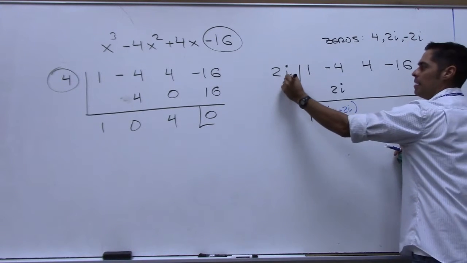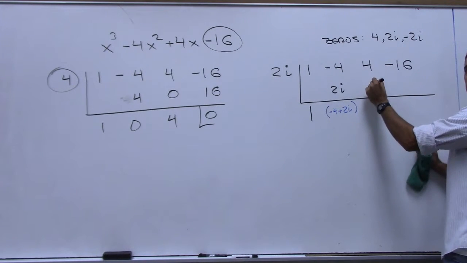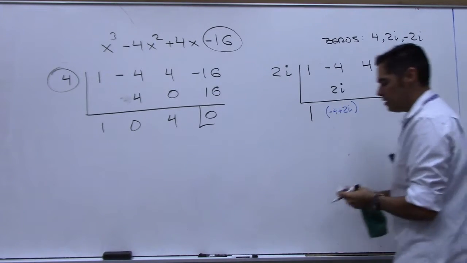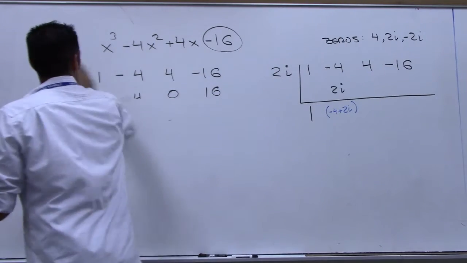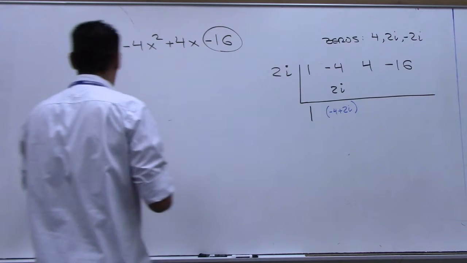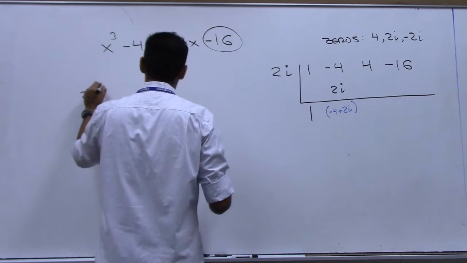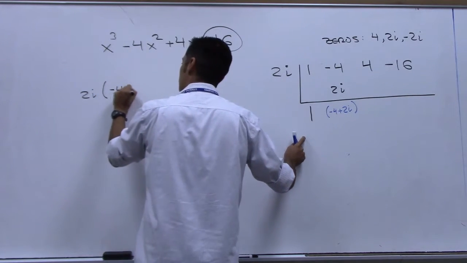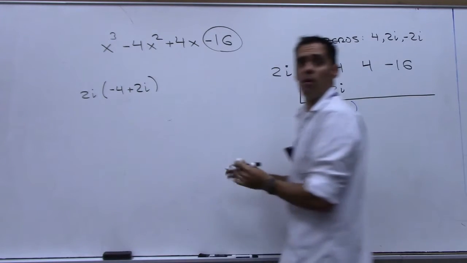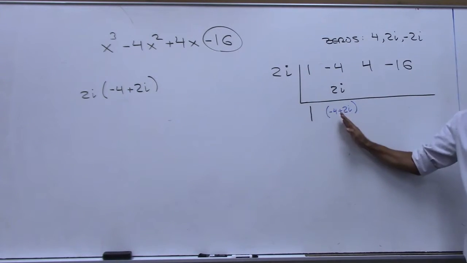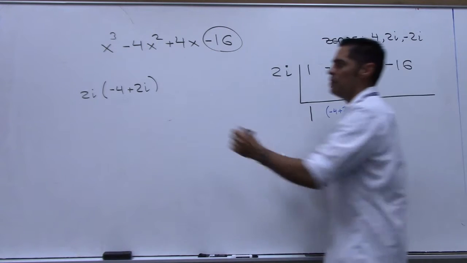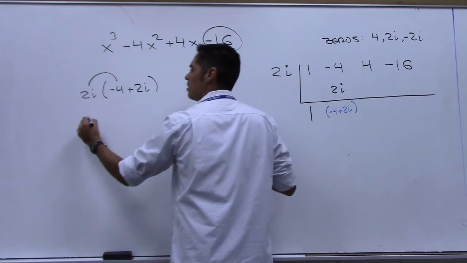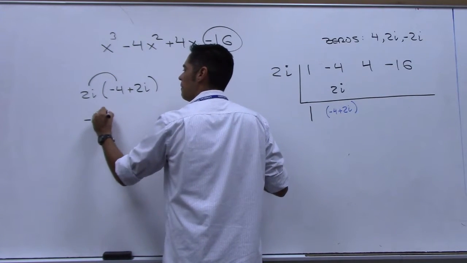This is what they come to be. What would the next thing be? This times this would go under here? I need to do that on the side. What would 2i times negative 4 plus 2i be? Do you understand what part I'm doing right now? This to here, I'm going to put that answer here. Distribute. This times this, negative 8i.